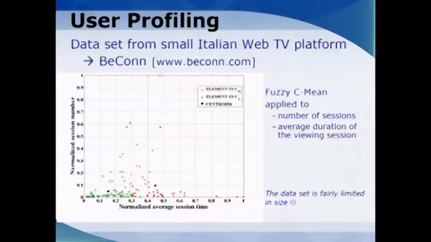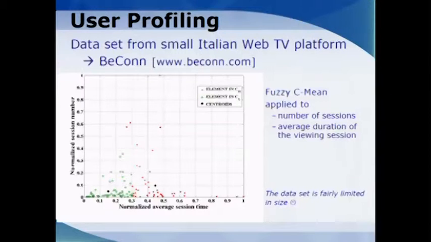About user profiling, I worked with a small dataset of user session logs provided by Beacon, a small Italian web TV platform. I concentrated only on the sessions concerning the most popular channel, Rai Uno. And I classified its viewers applying the fuzzy C-means data mining technique.